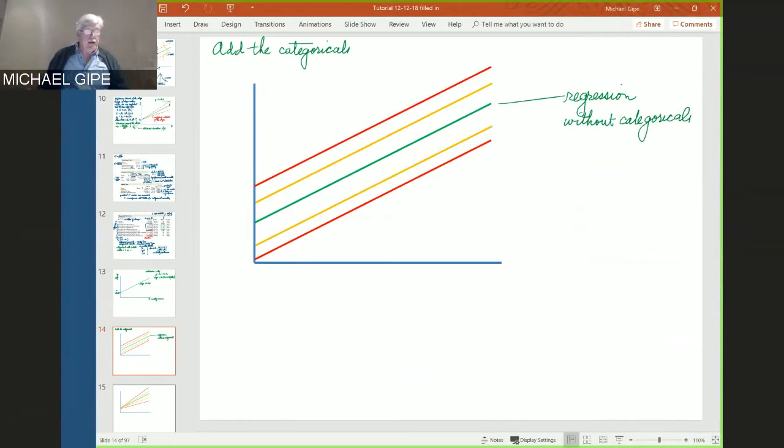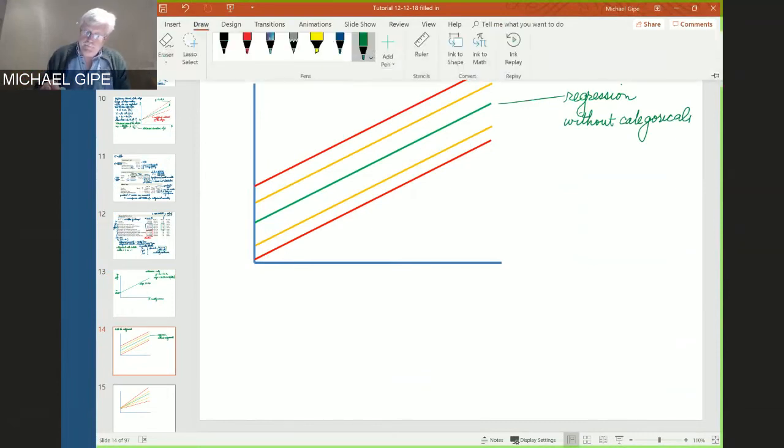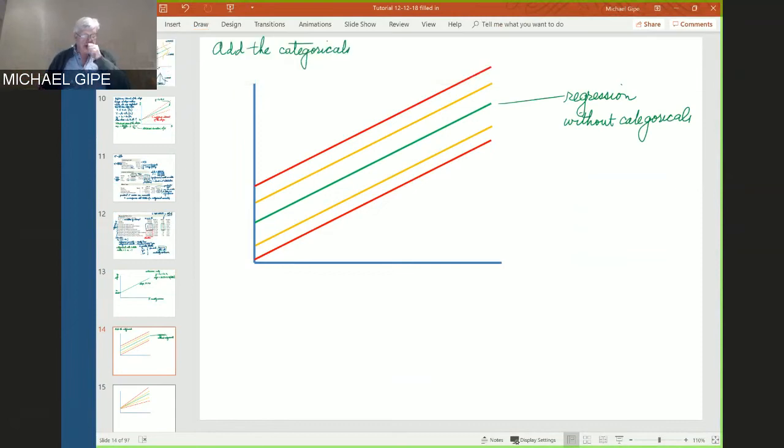Now let's add the categoricals. So we'll do that, and our model will start to look like this. Y equals B0 plus B1 times X1, which is our continuous variable, and then we have a B2 times X2.